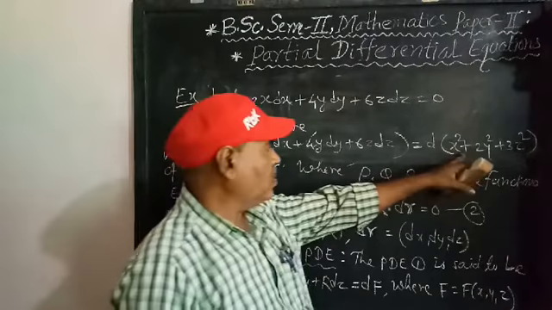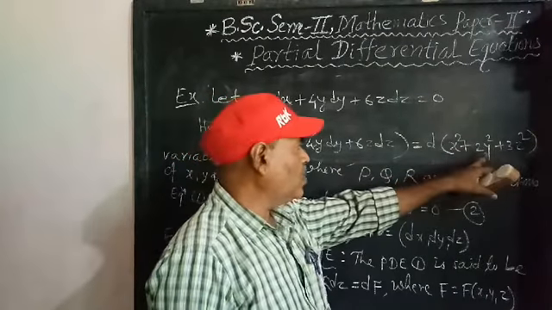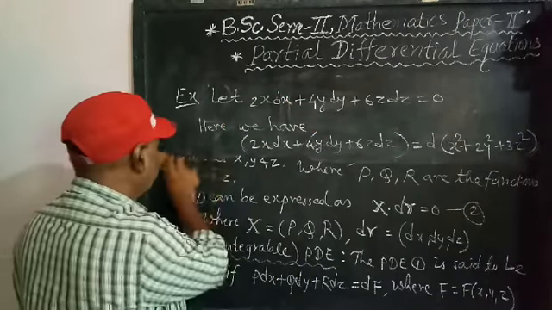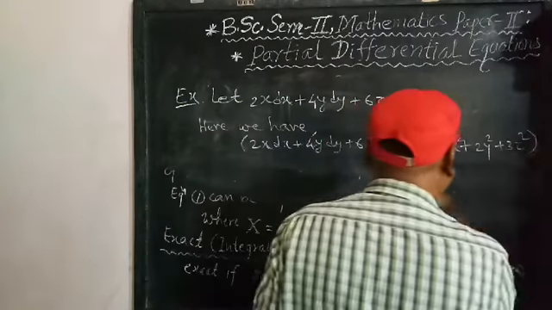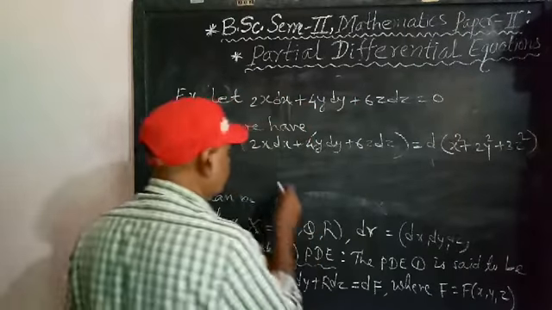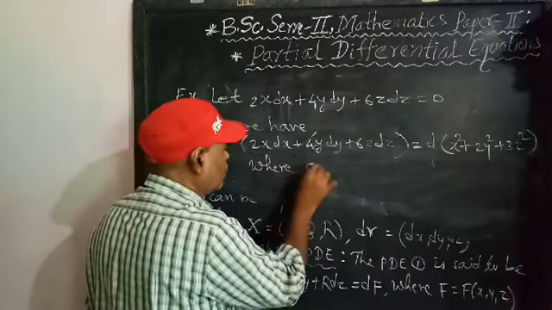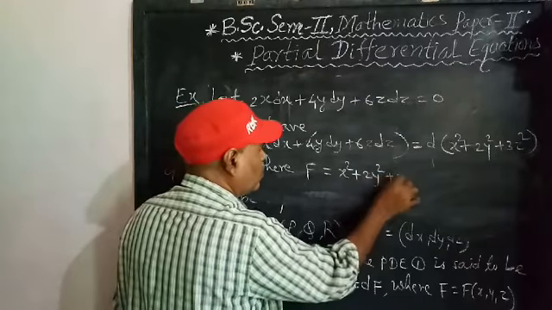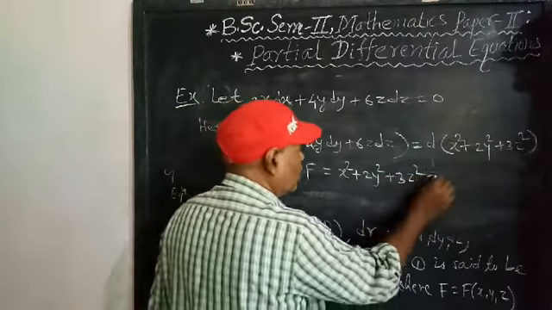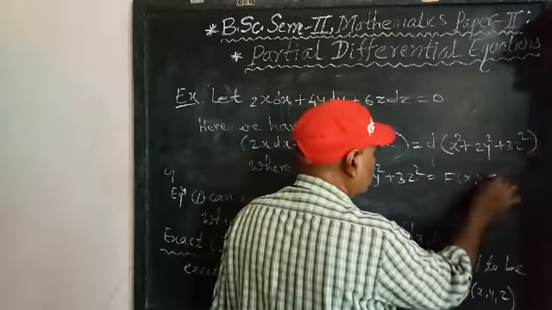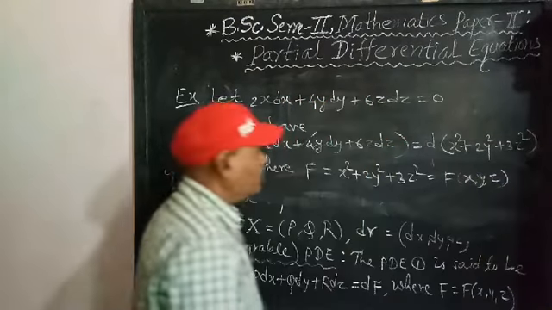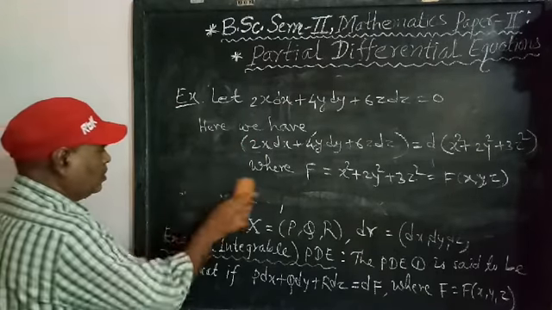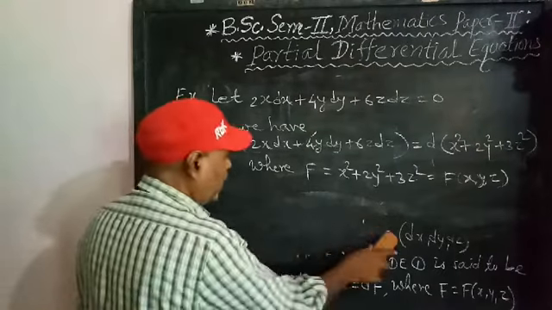If we take the derivative of this function f, we get 2x plus 4y plus 6z, which is nothing but this, where f equal to x square plus 2y square plus 3z square, which is a function of x, y, z. Hence this equation is expressed as a total derivative of function f. Therefore it is an exact differential equation.